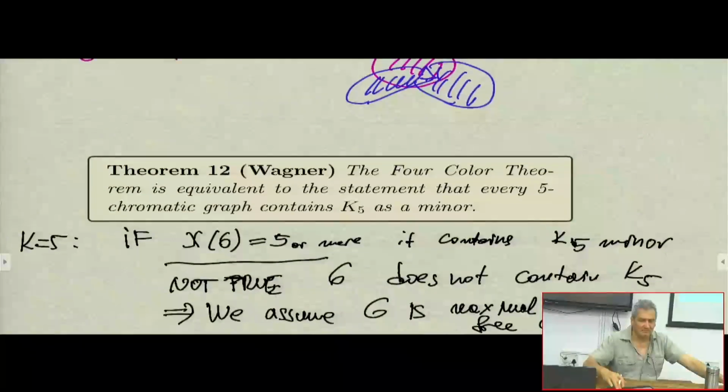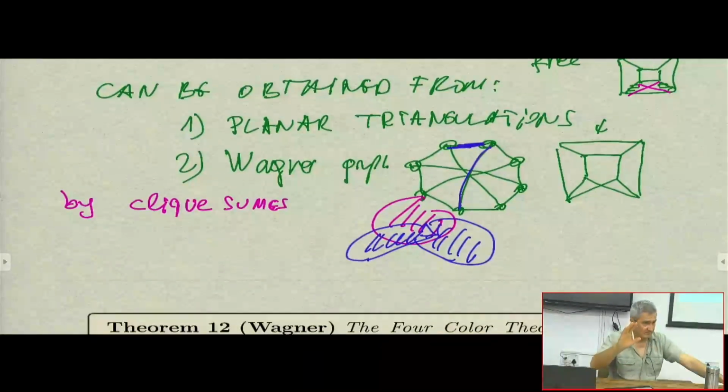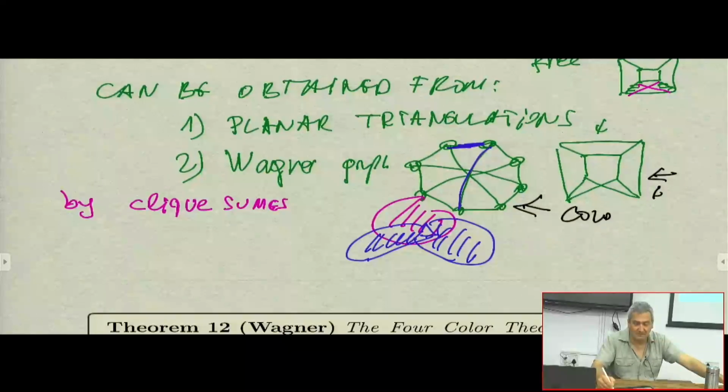But look, this graph is four-colorable. Do you agree? All vertices of degree 3. Every planar graph is four-colorable.